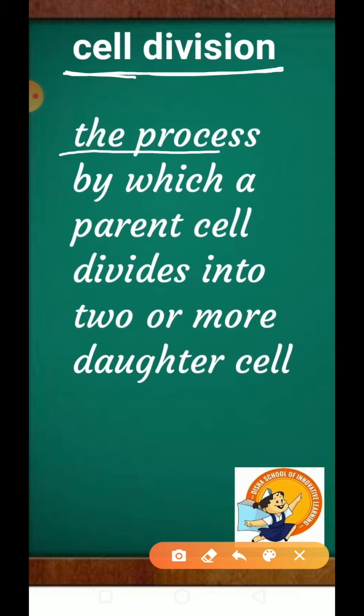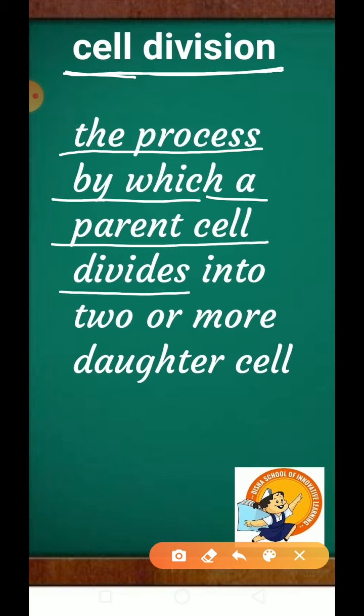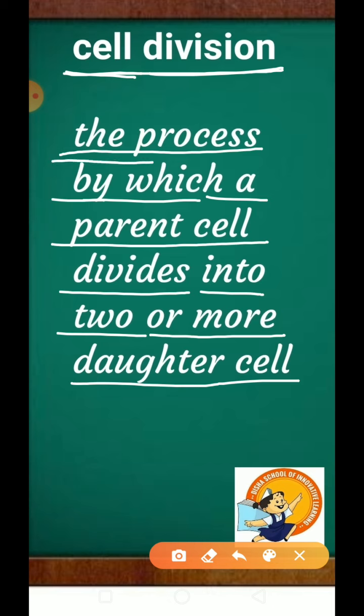The process by which a parent cell divides into two or more daughter cells is called cell division. It is a process in which the parent cell is divided into two or more daughter cells.